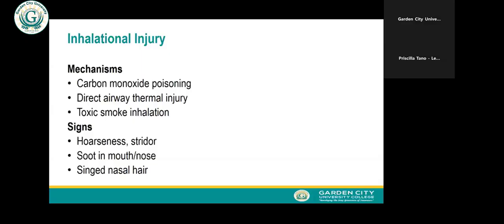And when we talk about direct thermal injury, this superheated air around where there are burns or where there's that injury causes edema in the face, the upper airway, and the respiratory system, and it causes difficulty in breathing.